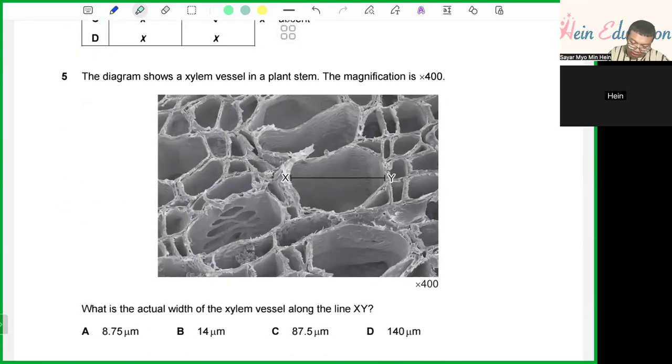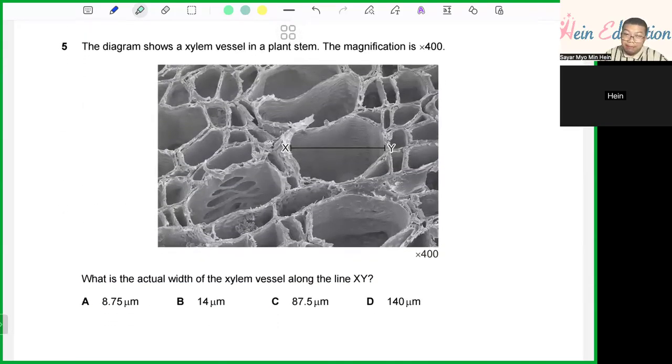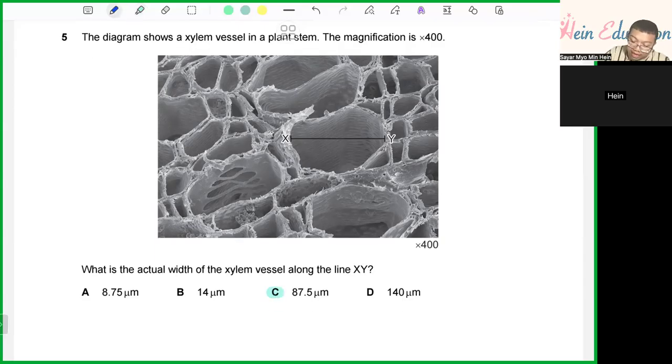Sorry for question number 5, since I'm using a tablet I cannot measure the correct length. When you do it with the paper, you can measure it, and the correct answer for this number is C. But I can still give a guideline for magnification questions. The formula is magnification equals drawing divided by actual size. In this question, the magnification is 400.